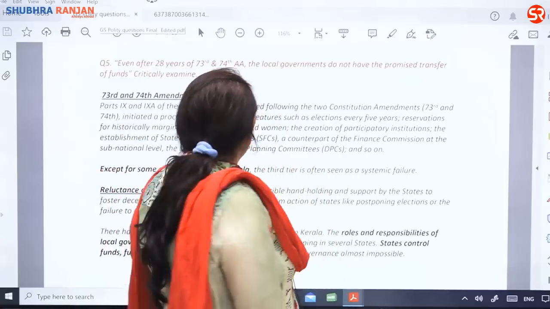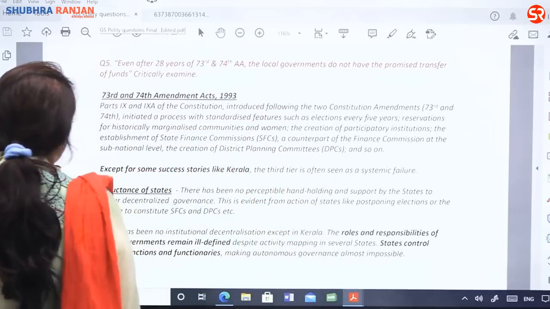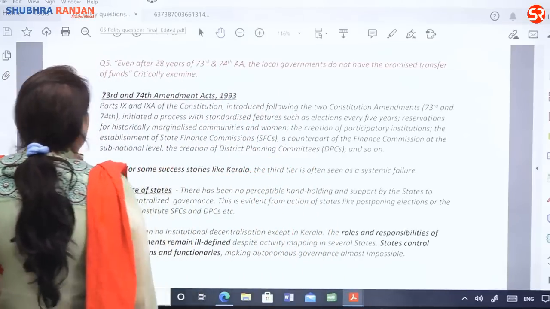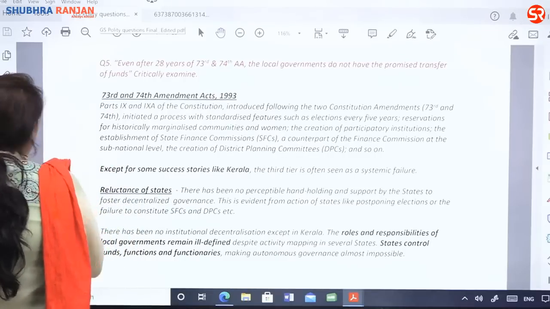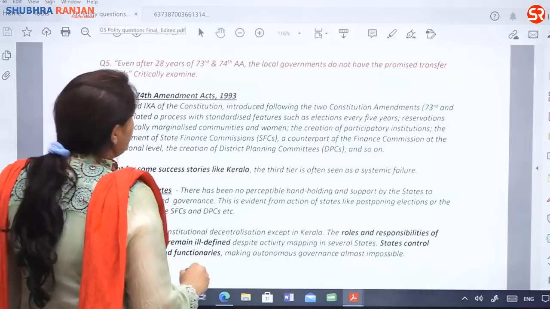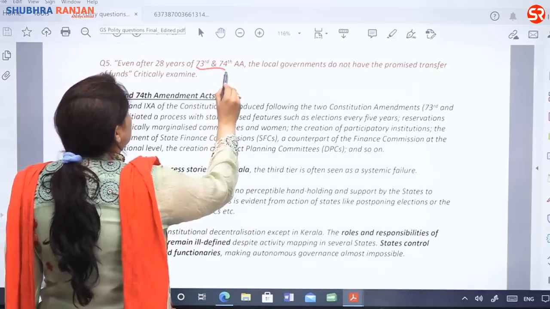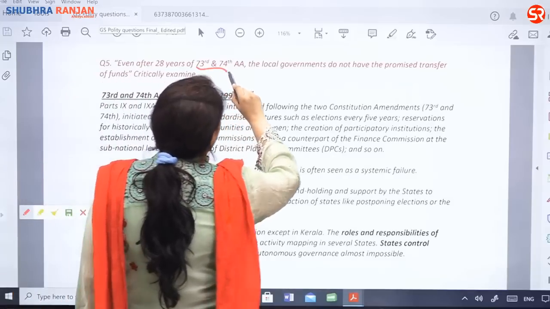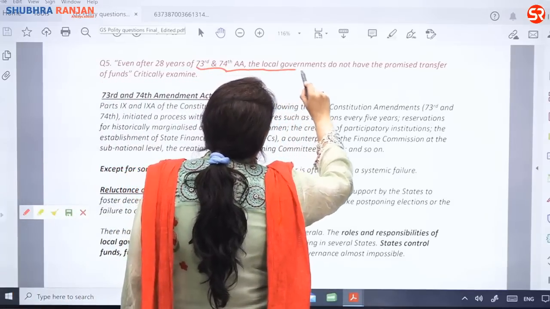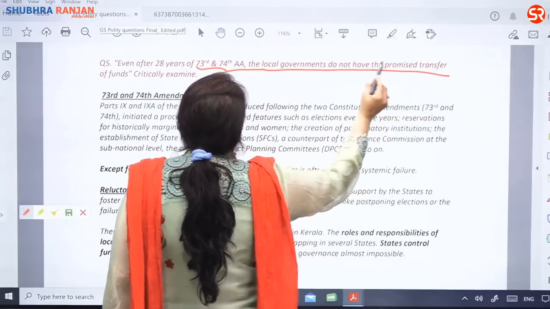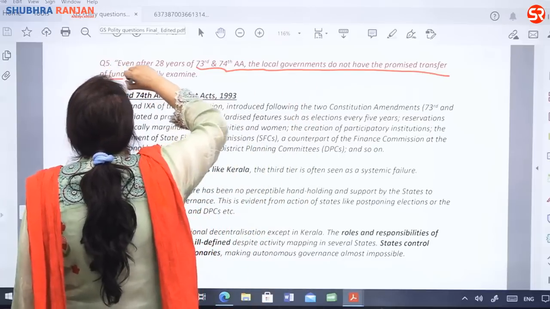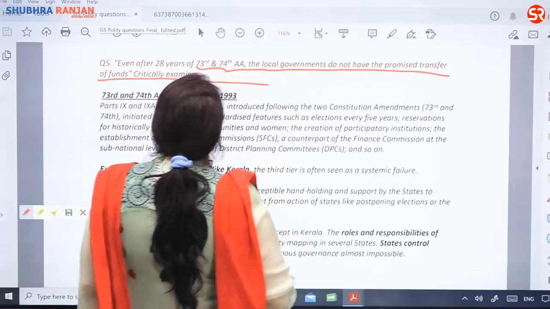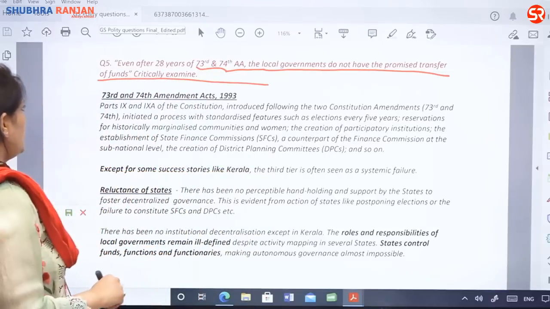Let us discuss question number 5. Even after 28 years of the 73rd and 74th Amendment Act, local governments do not have the promised transfer of funds. Critically examine. Okay.